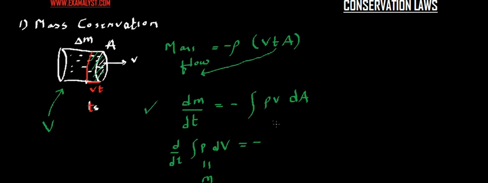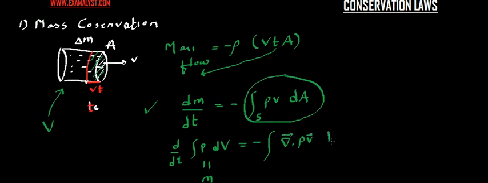Now here I'm going to use Gauss divergence theorem. If you remember Gauss divergence theorem, this is a surface integral because this is dA. This surface integral can be converted into a volume integral by introducing a divergence. So del dot rho v, and this is a volume integral dv.